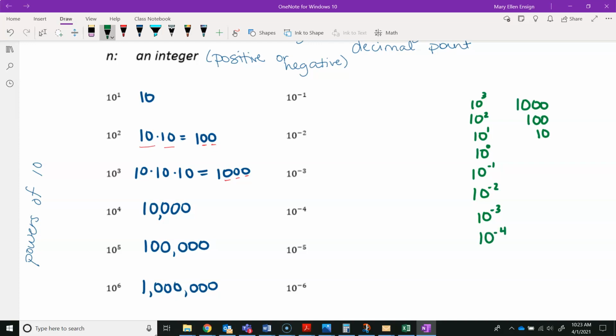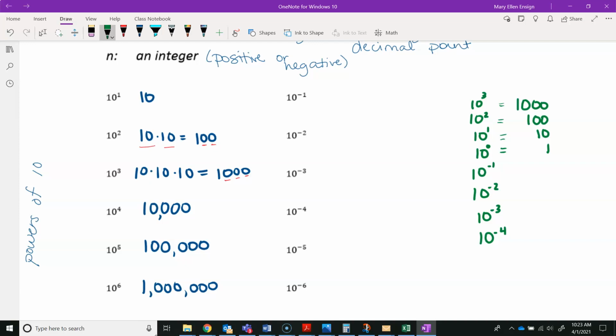Like that. Okay, so 10 to the third is 1,000, 10 to the second is 100, 10 to the first is 10, 10 to the 0 power, well, we know that anything to the 0 is 1. And it kind of follows our pattern anyway, right? 10 to the third has 3 zeros, 10 to the second has 2 zeros, 10 to the first has 1 zero, 10 to the 0 has 0 zeros.